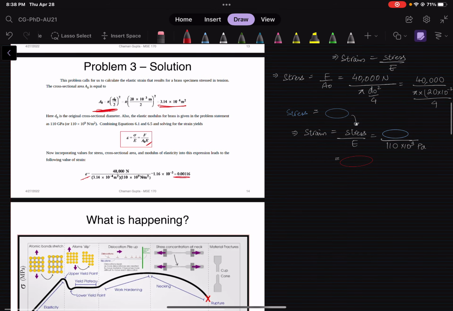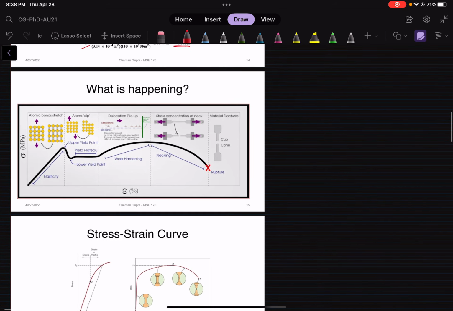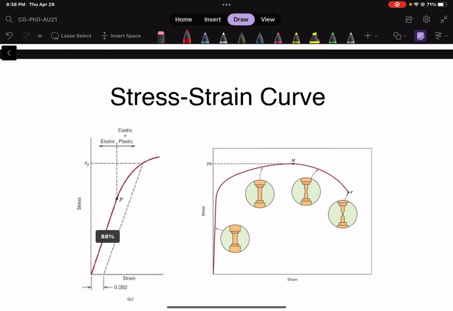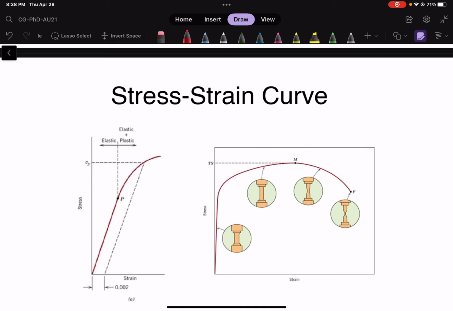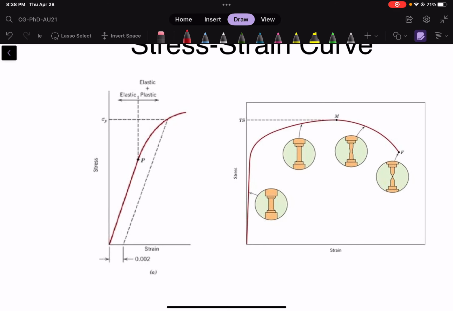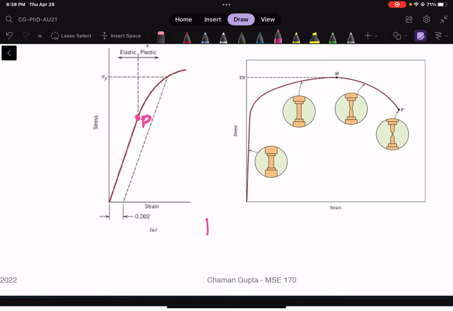All right. Now, let's come back and try to understand a few important things. Here, this point P in this curve, again, it's another stress strain curve. Very important thing to note here, which I previously mentioned as well, is this point P. This point P on that curve is nothing but the proportionality limit, the point at which you hit your proportionality.